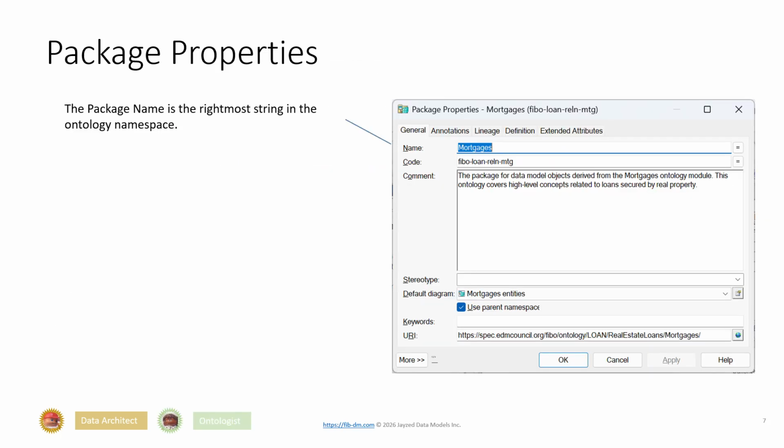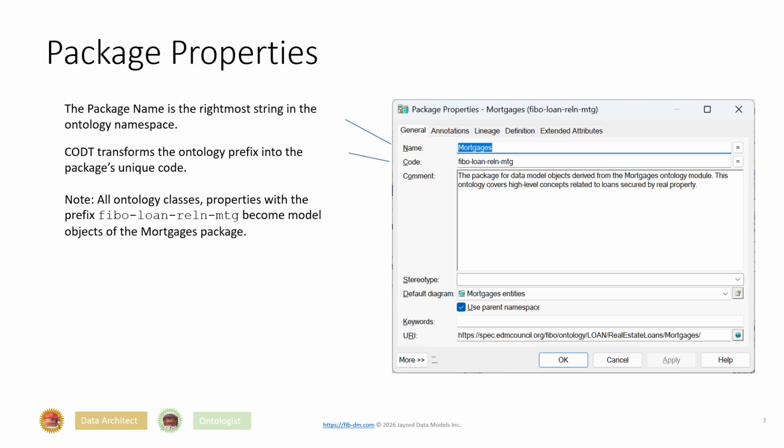Package properties. Here we have the mortgages package, FIBO, loan, ERWin, MTG. We see here the package name is the rightmost string in the ontology namespace. And code transforms the prefix into a package Unicode.